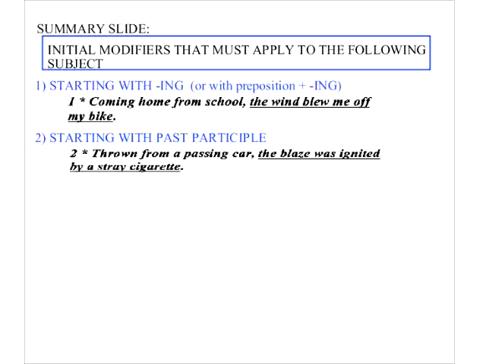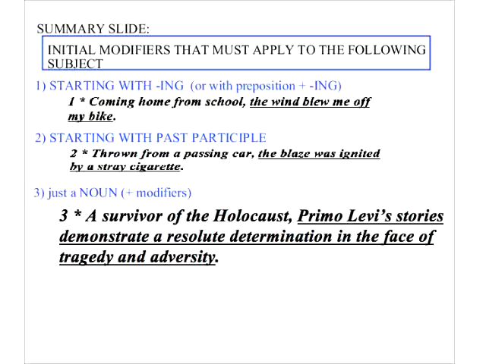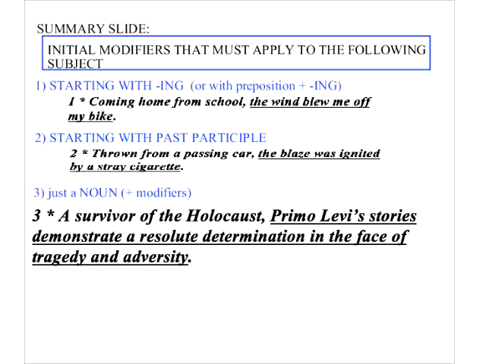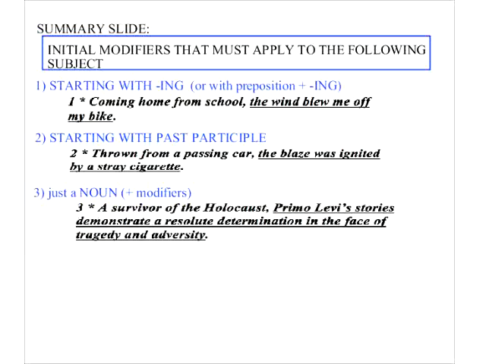The third example was if the initial modifier is just a noun, or equivalently a noun with modifiers. So, a survivor of the Holocaust, Primo Levi's stories demonstrate a resolute determination.